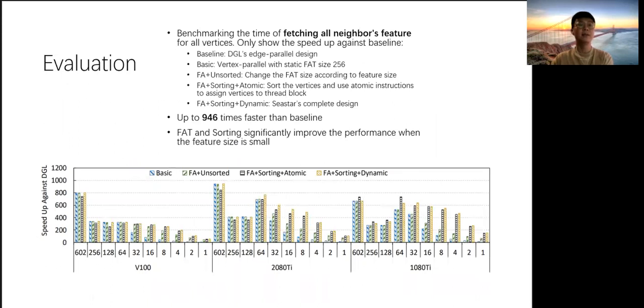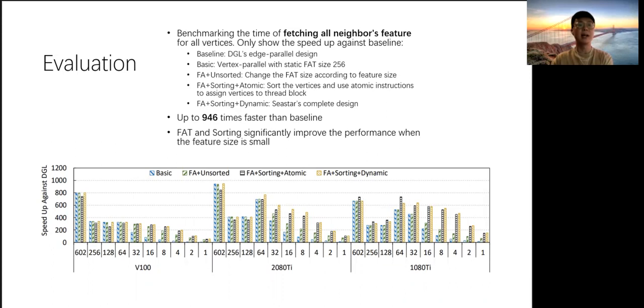We use a neighbor access benchmark to test the effectiveness of the kernel-level designs. The horizontal axis is the feature size of vertices. The vertical axis is the relative speedup compared with baseline. We use DGL's edge parallel strategy as baseline, and use Seastar's vertex parallel design as basic.